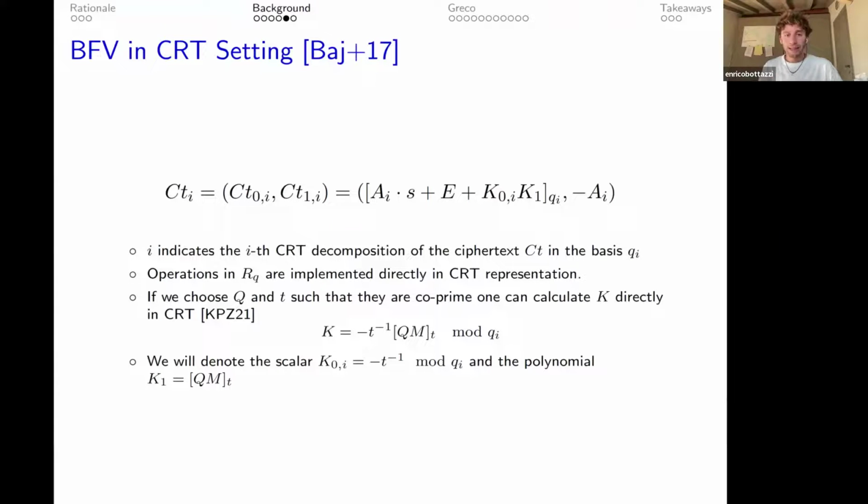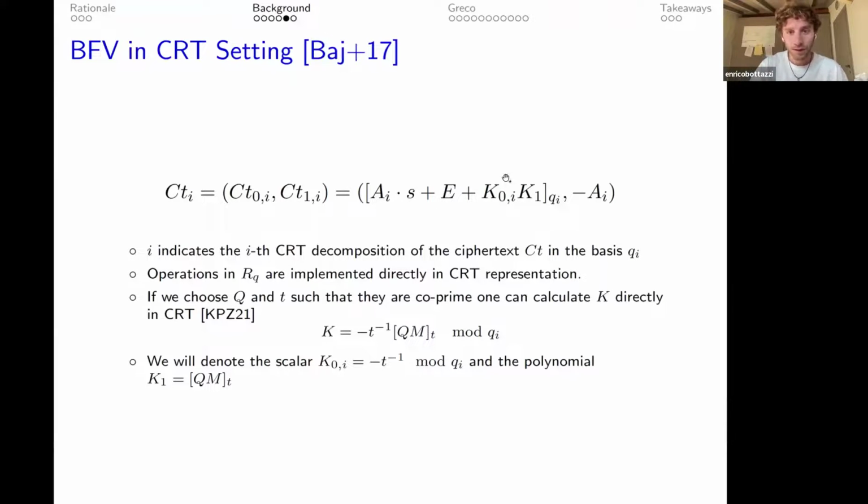And the main difference here is that, of course, we now have CTi, where each i is a different CRT decomposition of the ciphertext. And the nice thing is that all the operations that were before performed in the ring Rq can now be performed in the ring Rqi.